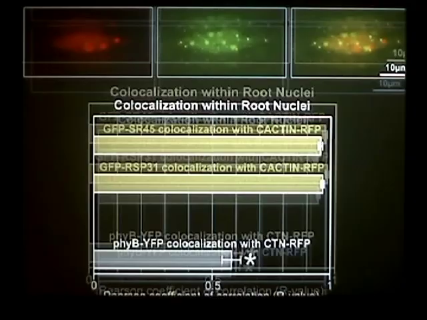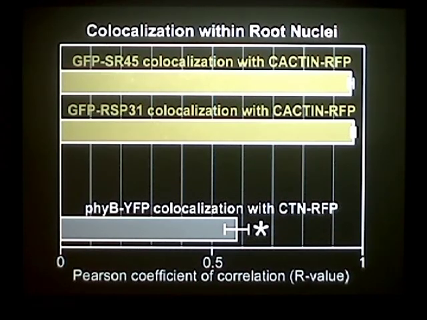I was just able to show you a couple here in the PowerPoint, but we looked at many more nuclei, and we quantified how well the RFP and GFP channels were overlapping. This is done by looking at the correlation coefficient between the pixel intensity on the green channel and the red channel. So a perfect correlation would be 1.